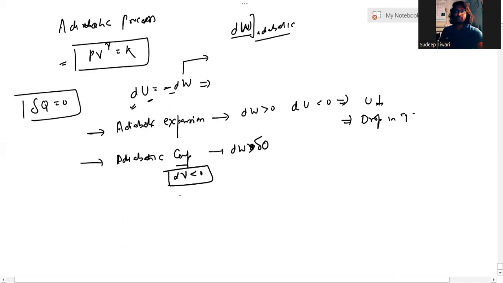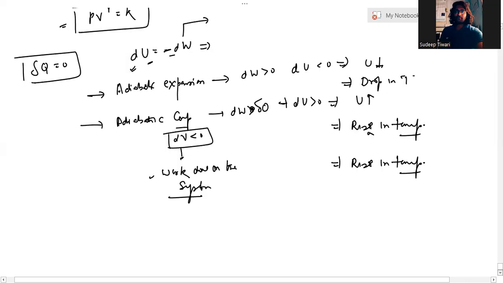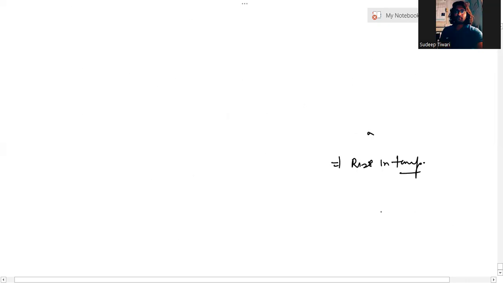When I'm doing compression, it implies work is done on the system. So work done on the system means dW is negative. It implies dU is positive. It implies U is increasing. It implies a rise in the temperature. So I hope this is clear to you.